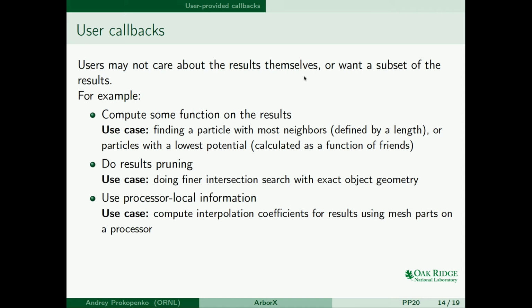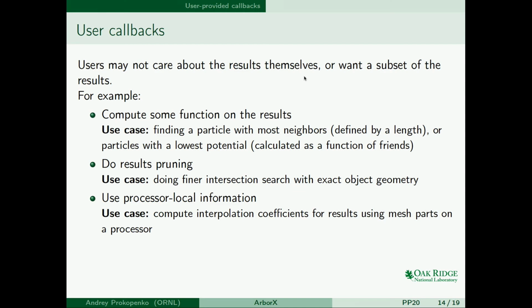So you don't want to compute all the results, do all the communication, and then have to communicate also mesh data and some other data for me to actually do what I care about. In that case, we may want to provide the user with a way to do something on the processor that already has all the data so that it doesn't have to communicate back.